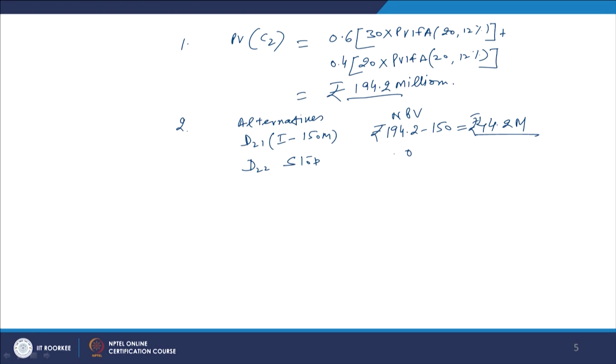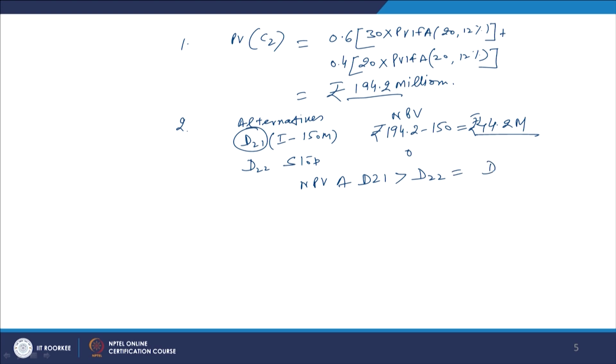So, we have to calculate the present value of the cash flows as per the chances of success and less success, and then evaluate the decision on the basis of that. Once you have done it, which decision are we going to select? Decision D21, because NPV of D21 is greater than the NPV of D22.